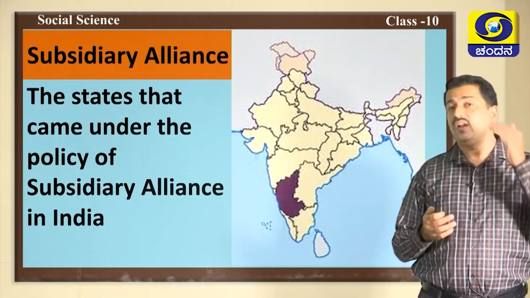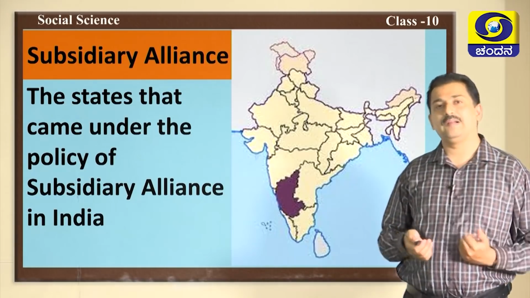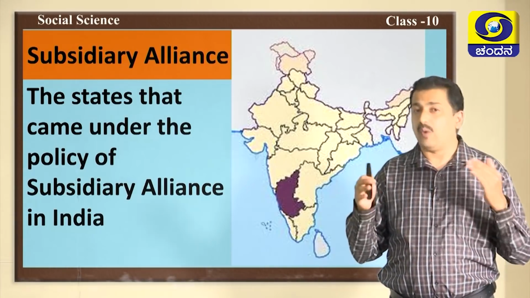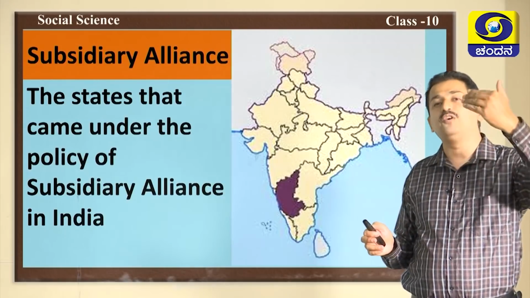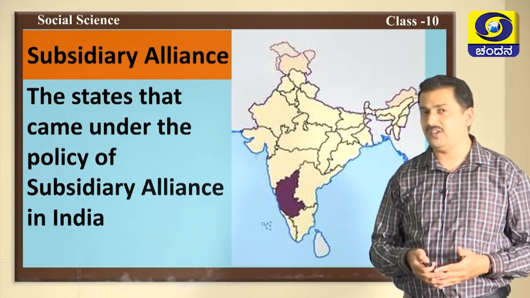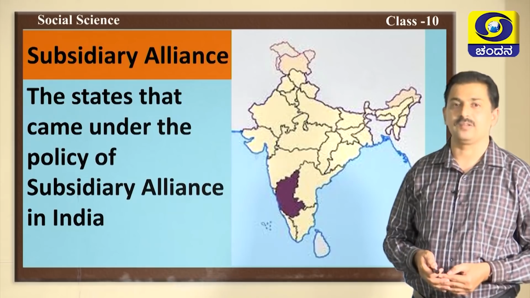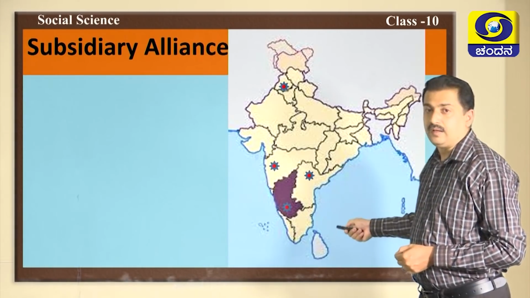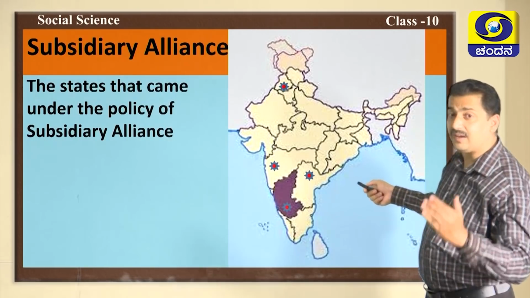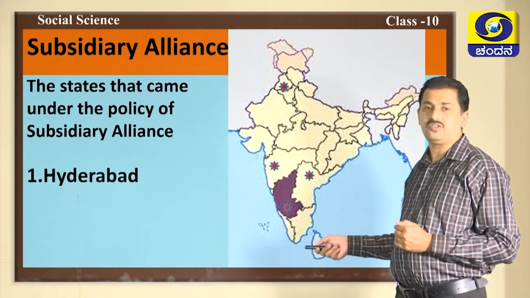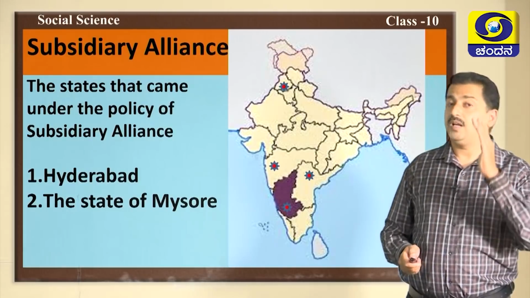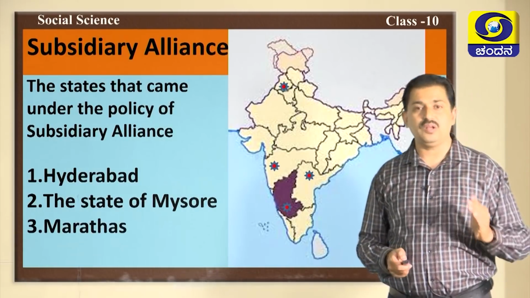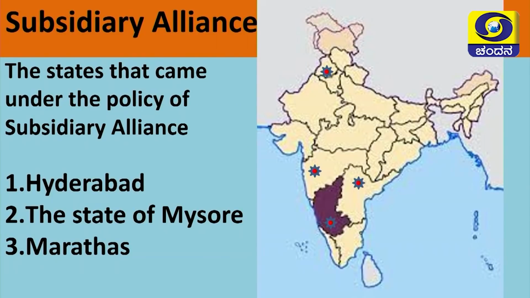Dear students, now I show you the places where the British enforced the cunning policy, the subsidiary alliance. First of all, see here, the states that came under the policy of subsidiary alliance: number 1, Hyderabad; number 2, the state of Mysore; number 3, the Marathas; and number 4, the Sikh kingdom.